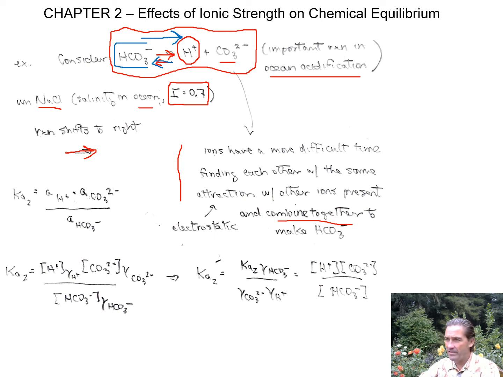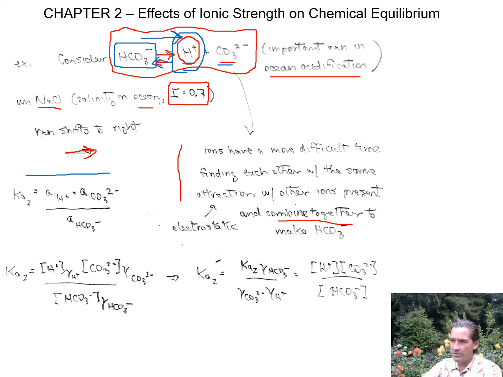Its dissociation is not affected by the ions, but the association, these two ions coming together and having the reaction go to the left, that's the issue. And so because of the ionic strength, we get a lot more acid in the ocean compared to a situation where we're in fresh water.